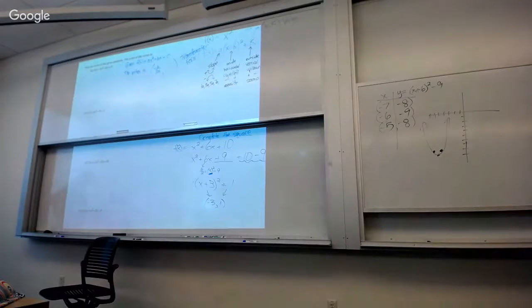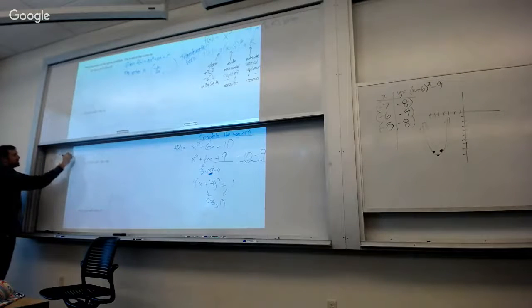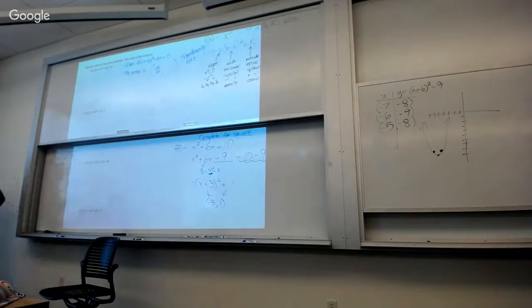That looks super familiar. Does it look familiar? Negative b over 2a? You've all seen negative b over 2a before. I'll go ahead and suggest it to you: negative b plus or minus the square root of b squared minus 4ac all over 2a. Where's the negative b over 2a? First half of it. Yeah, right there.